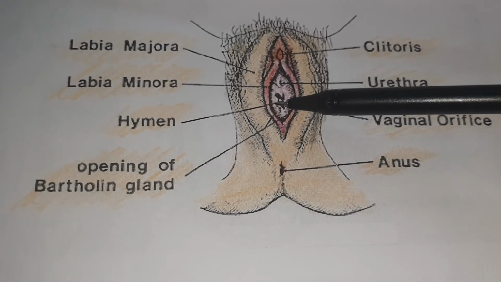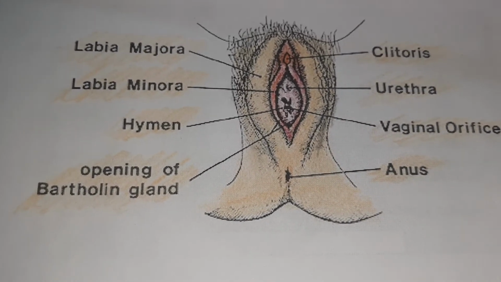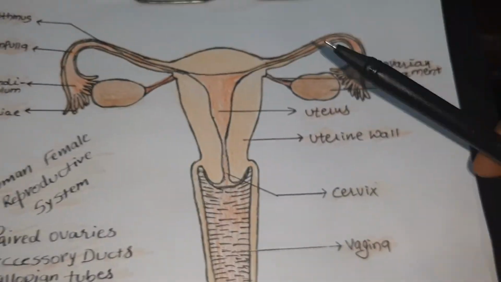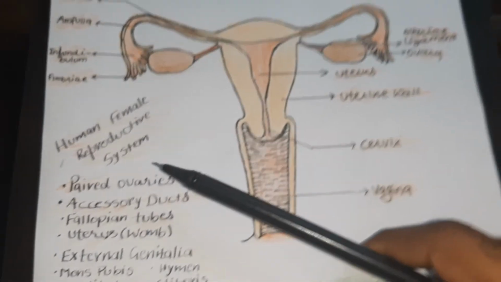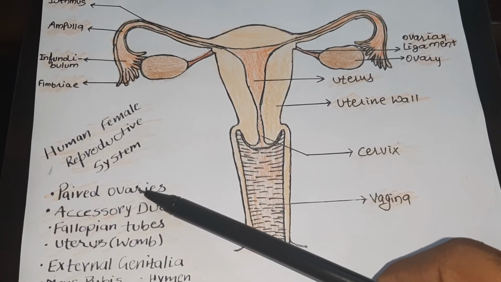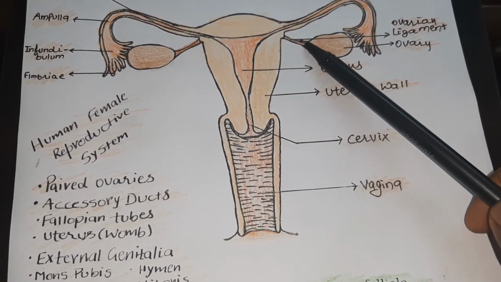So that's all about the female reproductive system. Let me just conclude by discussing again the female reproductive system. The human female reproductive system consists of paired ovaries, which are attached to the uterus through the ovarian ligament.